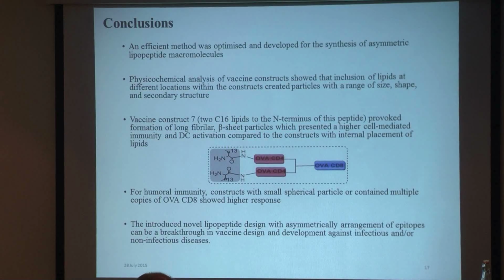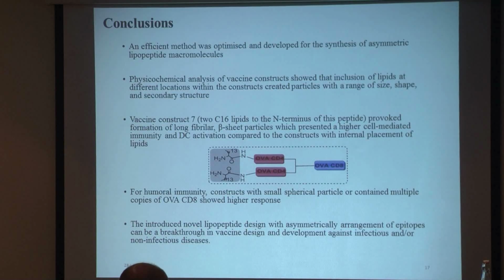So in conclusion, an efficient method was optimized and developed for the synthesis of asymmetric lipopeptide macromolecules, and physicochemical characteristics of these constructs showed that inclusion of lipid at different positions affects the particle shape, size, and secondary structure. And construct 7, which is the construct with 2C16 at the N-terminus, formed beta sheet long fibrils with higher cell-mediated immunity and dendritic cell activation.